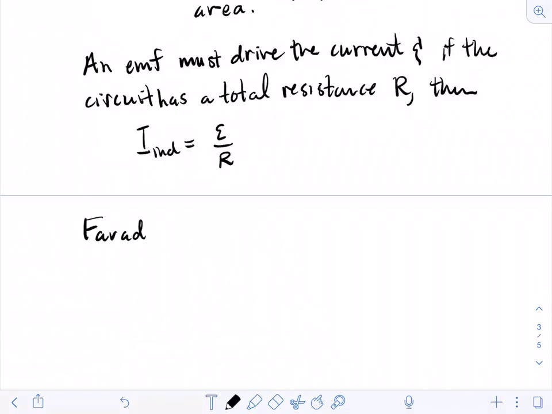Okay, so what Faraday did is he did a series of careful experiments.